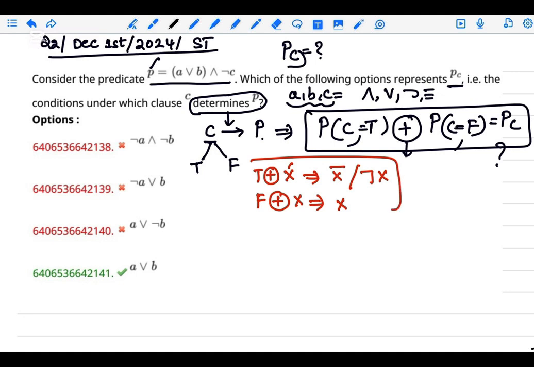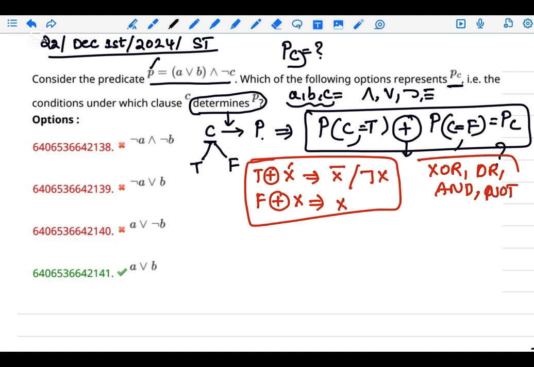You should also know the truth tables of XOR, OR, AND and NOT gates. Please revise these truth tables once more, it will help you solve easily.